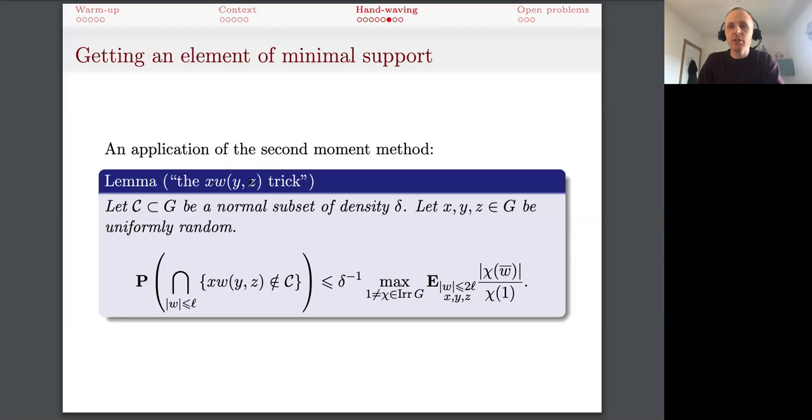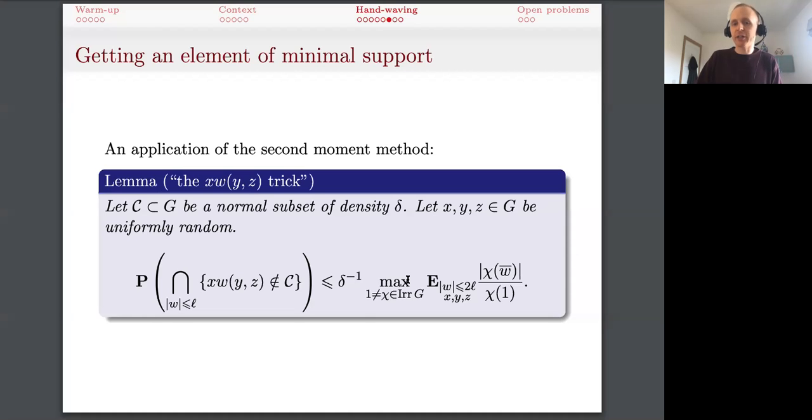And the second moment is a short calculation that I won't get into, but you can reduce it quickly to these expected character values. So in the end, you have a result that says the probability that none of these words lands in my normal subset is bounded by 1 over the density times the worst character ratio. And I'm taking a large normal subset, so 1 over the density is not too large.